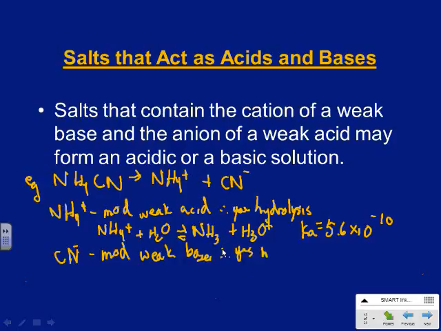Therefore, yes, hydrolysis. Let's write the hydrolysis reaction. CN minus plus H2O. What's it going to be? This is really conjugate acid base swapping, right? We're really reviewing our conjugate acid base stuff. HCN plus OH minus.